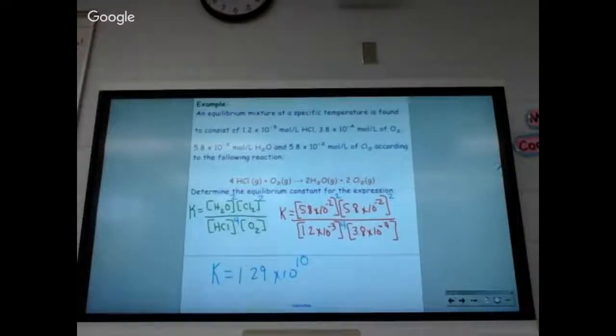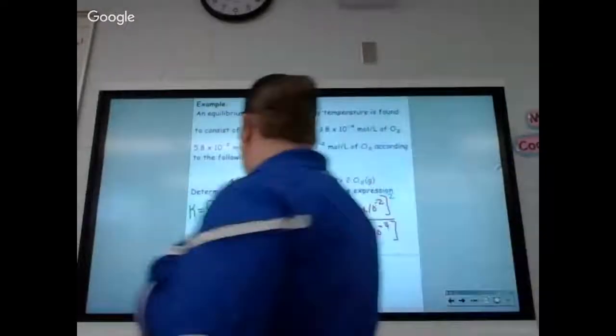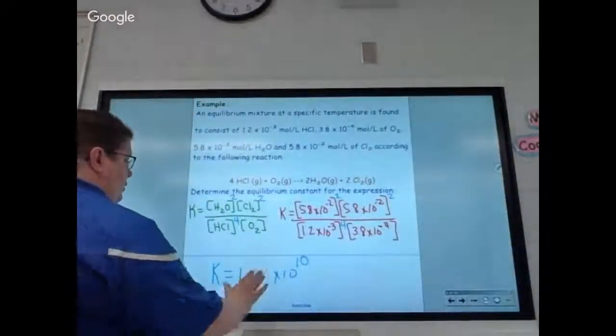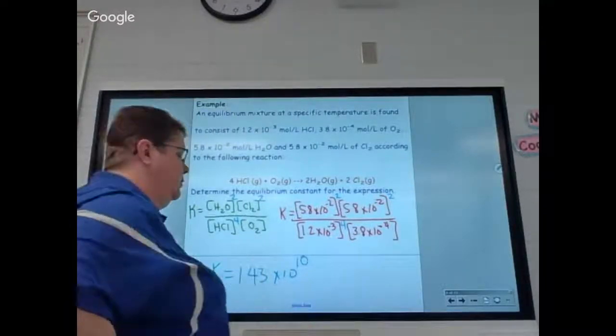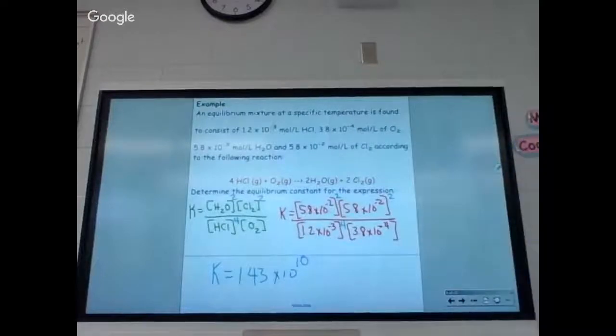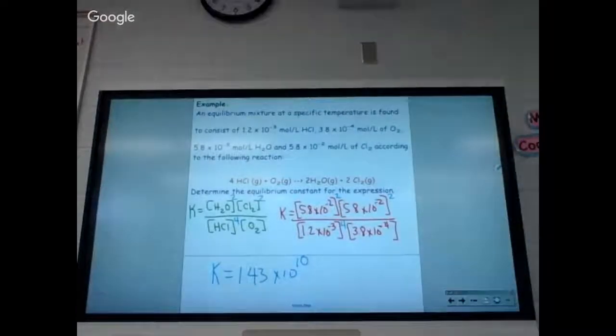Now I'm going to divide again because that's in the denominator. 3.8, second EE negative 4. I got 1.4 that time. What'd you get? 1.43, which is what I thought the answer was, times 10 to the 10th. That's what I got. I thought it was 1.4 times 10 to the 10th.